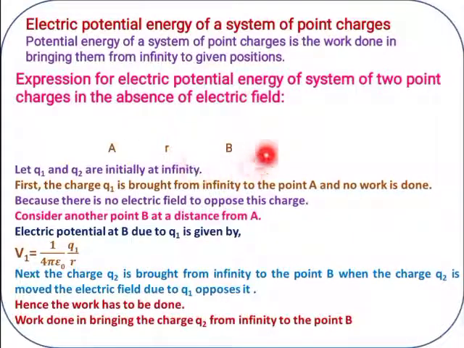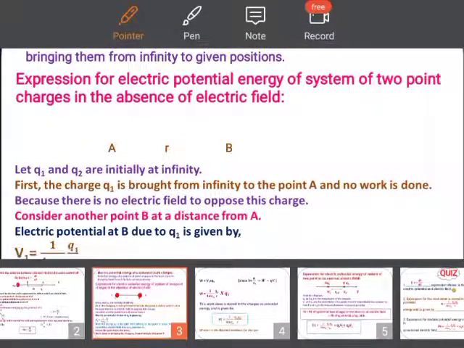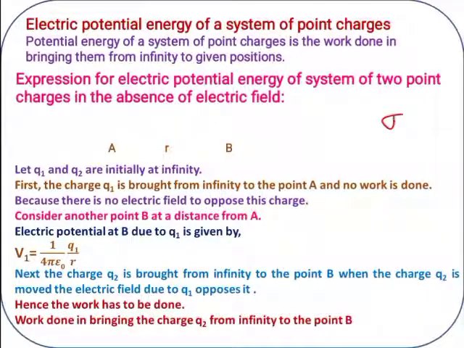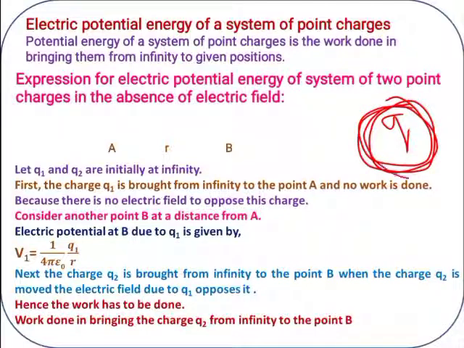So when do we say that an electric field is present? If we keep one charge in some space, then this space is called an electric field. How do we come to know? By experiencing the force. Then we come to know that this area is called an electric field.